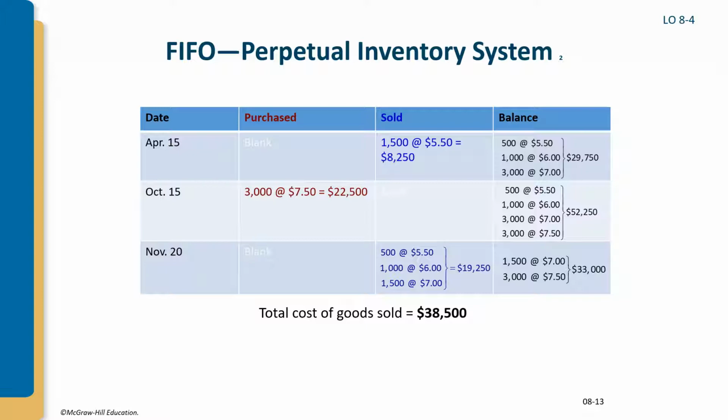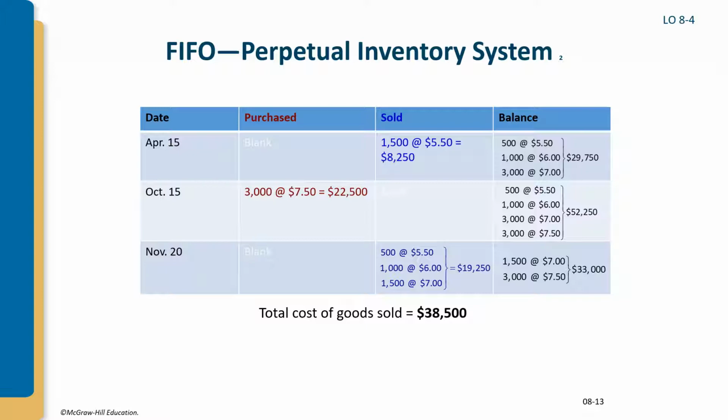So our cost of goods sold for this sale would be $8,250. What's left? 500 of the ones that cost $5.50, and then the 1,000 at $6 and 3,000 at $7. They're still here. When we purchase 3,000 more, add it to our existing inventory balance so it reflects all of our items in inventory.